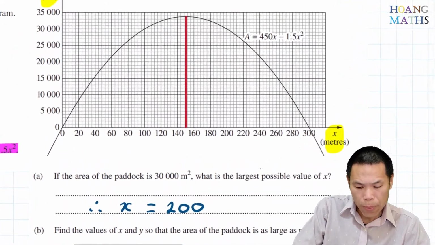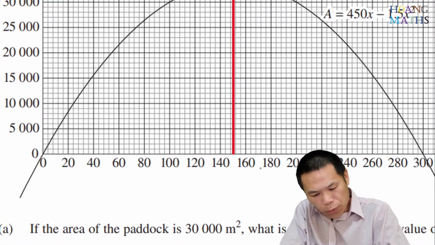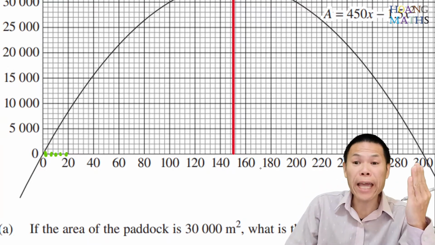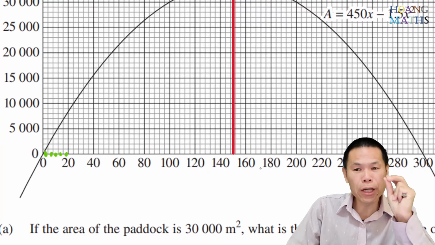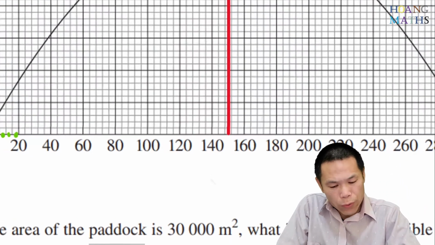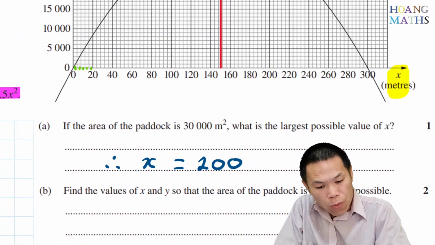So therefore, we need to work out the number. So to do this, we know that 1, 2, 3, 4, 5. So 5 gaps. So 20 divided by 5 is 4. So therefore, it goes up by 4. So we already know this is 140. So we have 2.5.